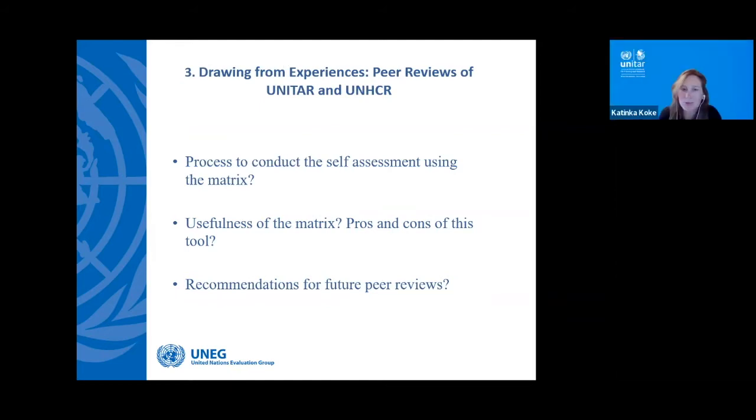Yes, sure. Thank you, Rachel. We used the self-assessment matrix last year in April. That was precisely before we even started drafting the terms of reference for the peer review of UNITAR, and it was really a good exercise to inform the TORs themselves, and helped inform the focus and the questions in the TORs.